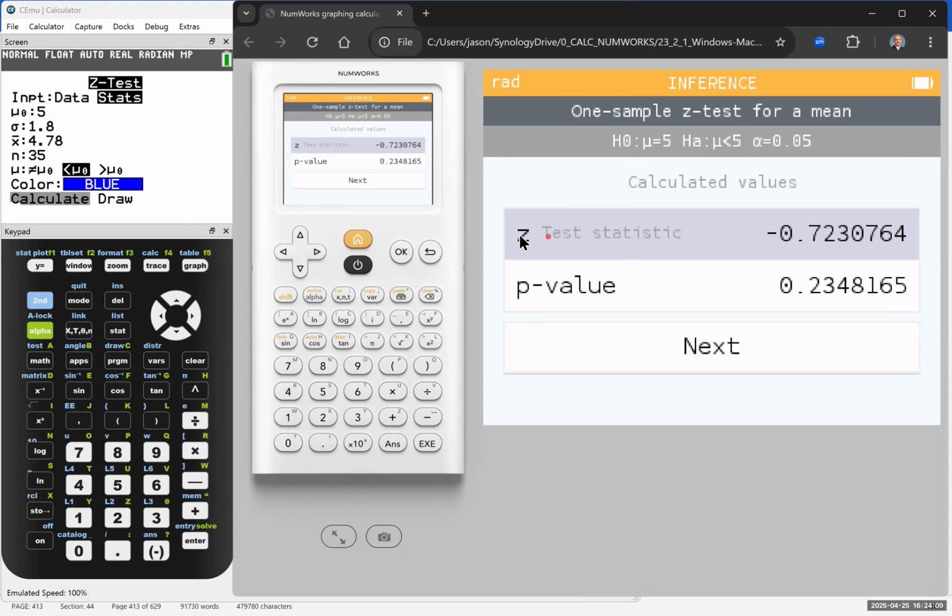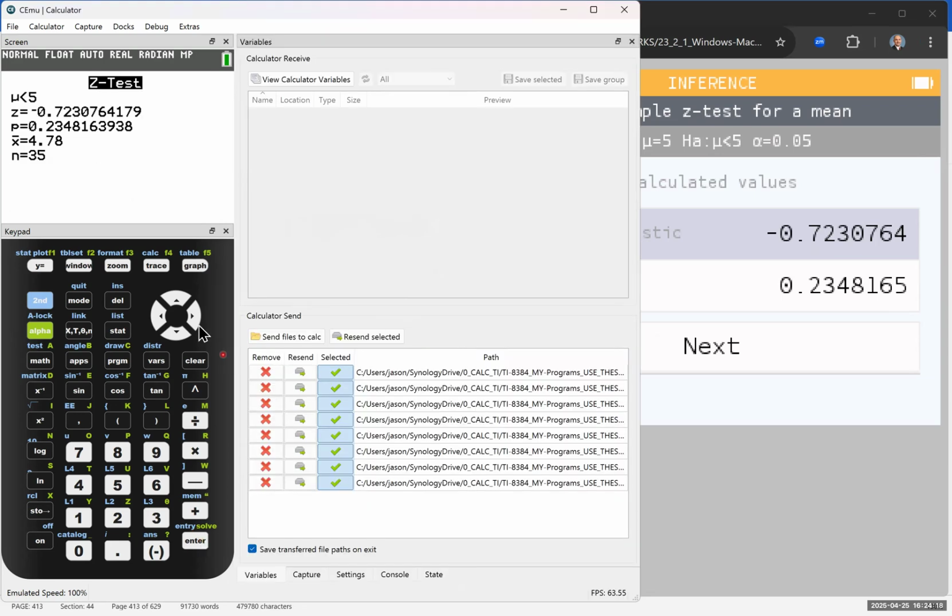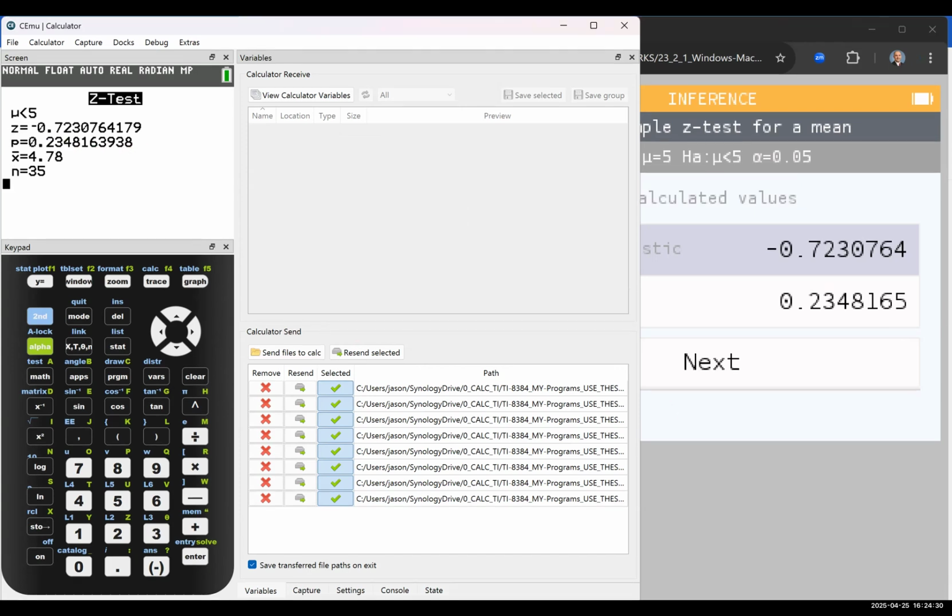Okay, so here it's giving me my z-test statistic and my p-value. So now I'm going to hit calculate here. And there's my z-test statistic, negative 0.723, and a p-value of 0.2348 and some change. All right, so that's exactly what we wanted to calculate.